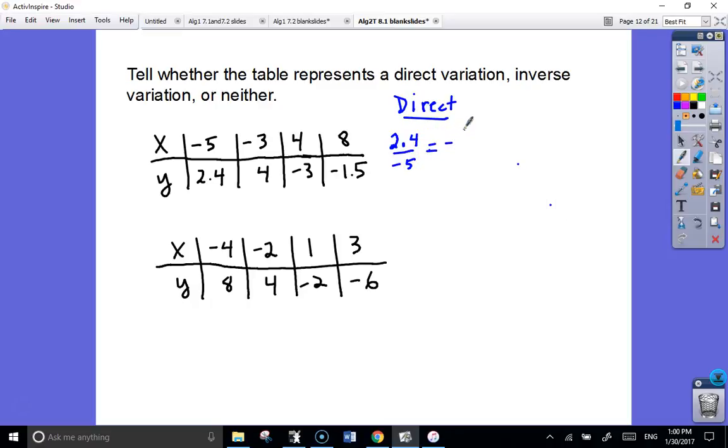Okay, what is 4 divided by negative 3? Yeah, negative 1.33. Okay, what does that tell us? It's not direct, because they have to be the same. Okay, so let's try for inverse.